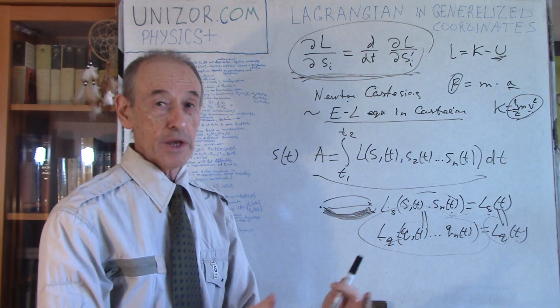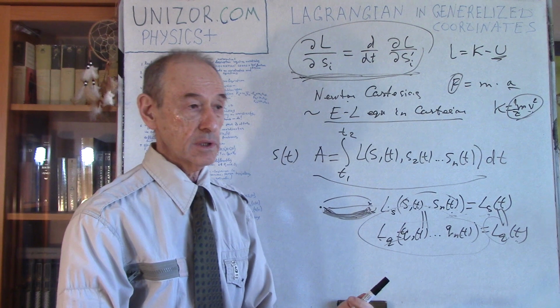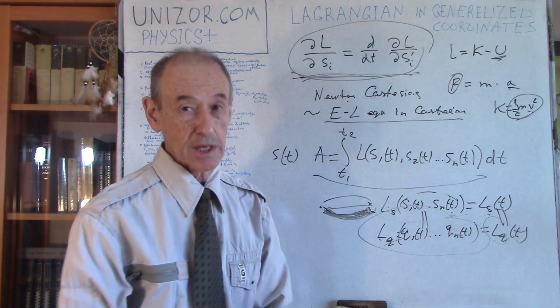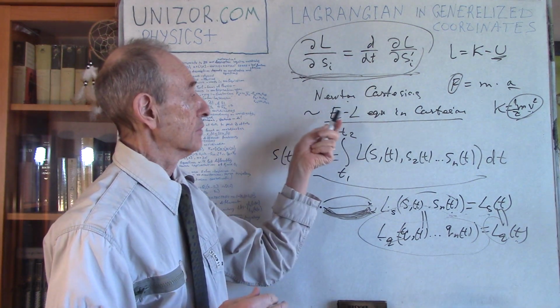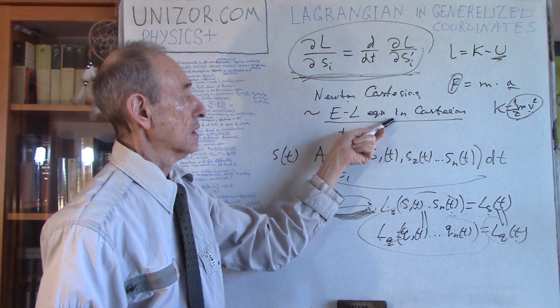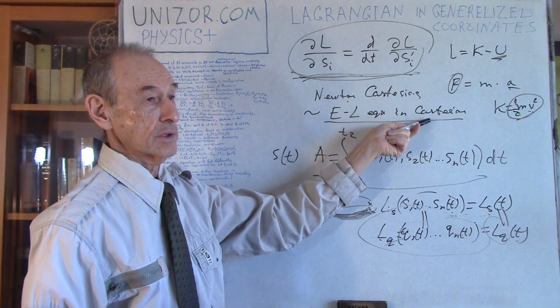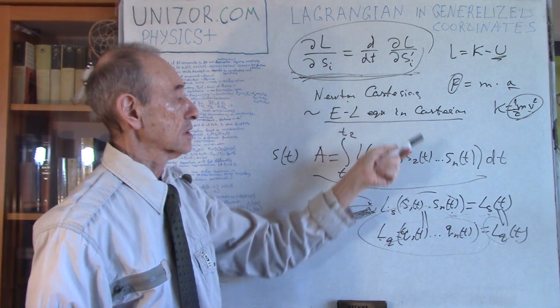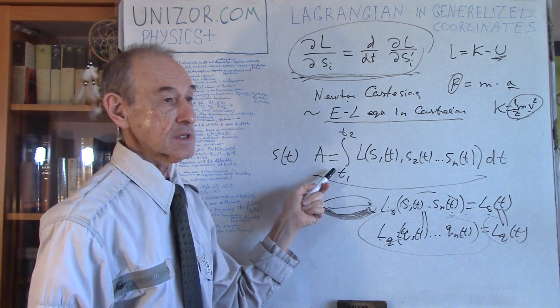So we can get the trajectory in the Cartesian system of coordinates either by solving the Euler-Lagrange equation in Cartesian coordinates, or by extremizing this functional.